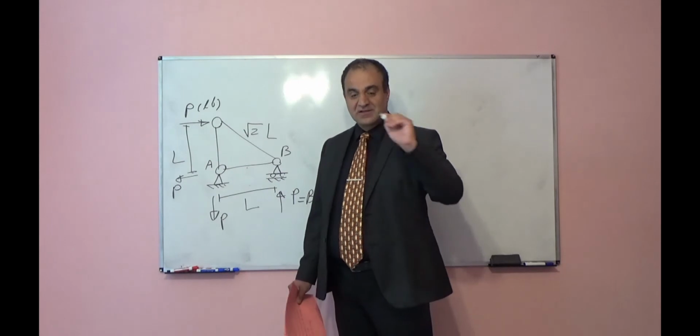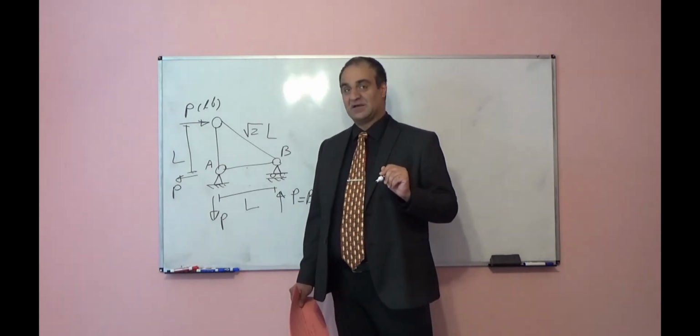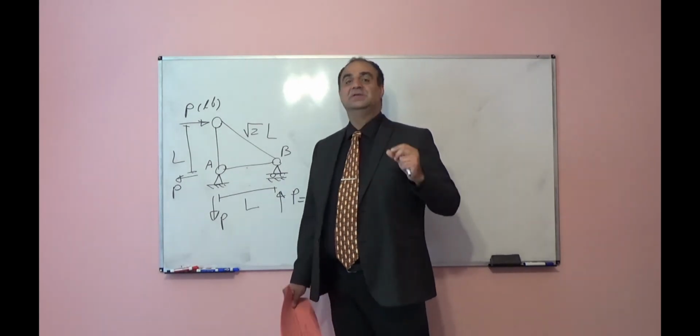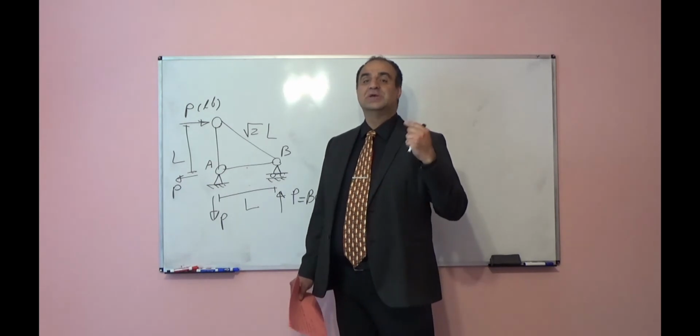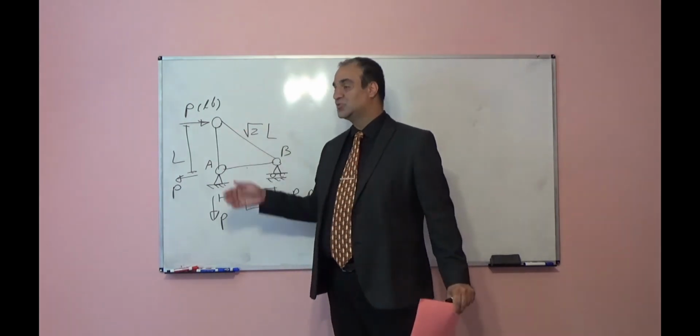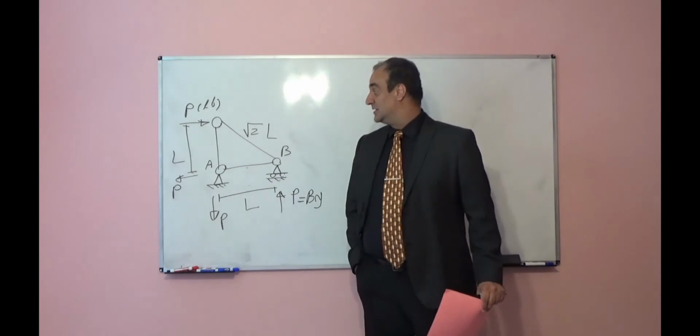Because if I cut the joint and I show a free body diagram, for each free body diagram I can write 2 equilibrium equations for a 2D plane structure.